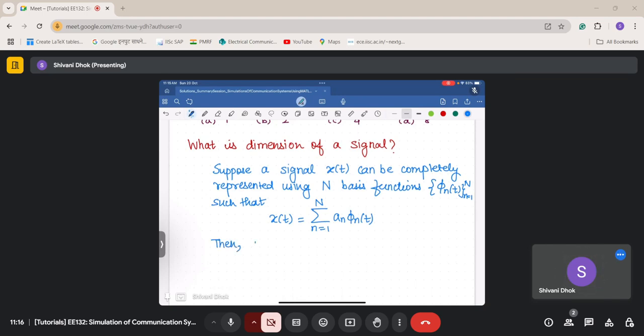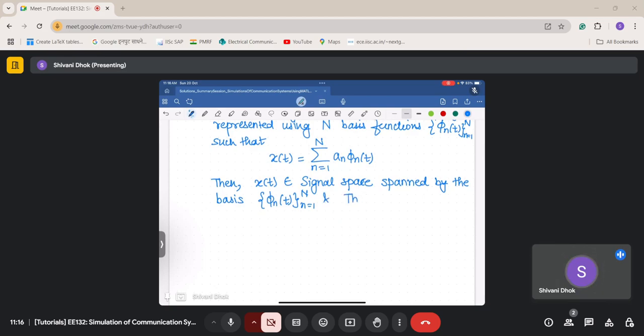Then x of t belongs to the signal space spanned by the basis phi n of t, n equal to 1 to N. And this space has a dimension N, which is equal to the number of signals or functions in the basis set.